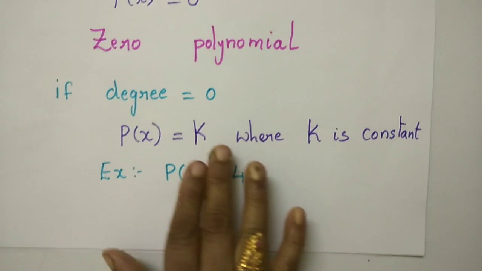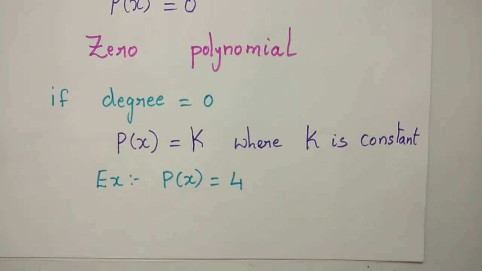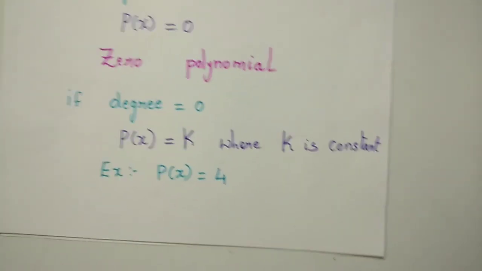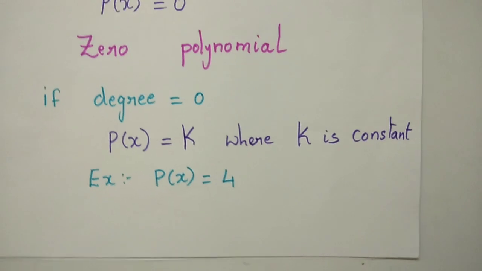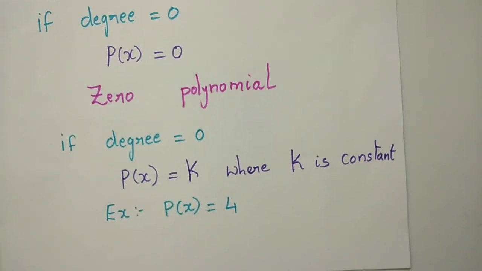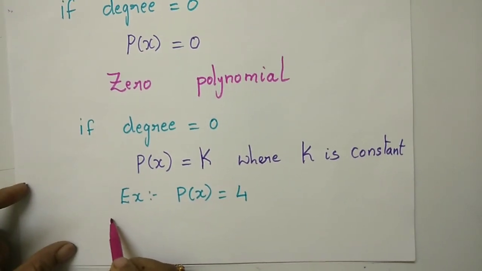If the degree of a polynomial is 0 and the polynomial is of the form P of x is equal to constant k, where k is nothing but a number, then that polynomial is called a constant polynomial.